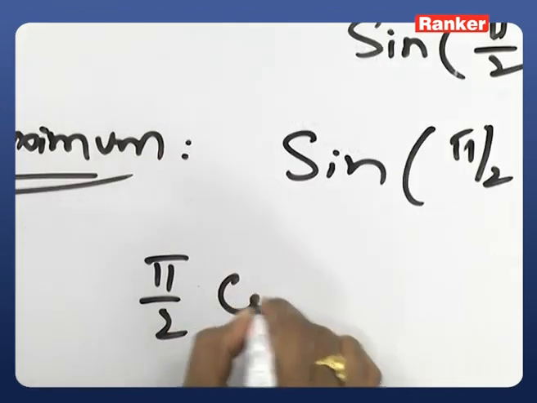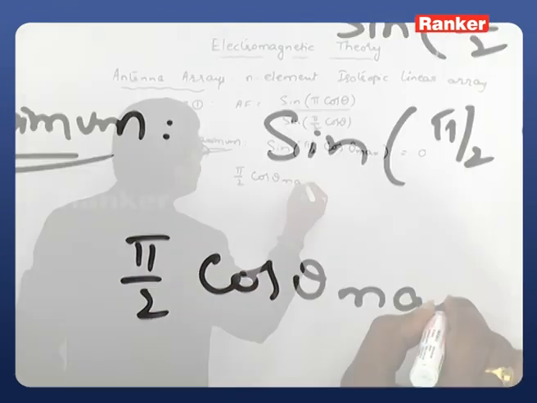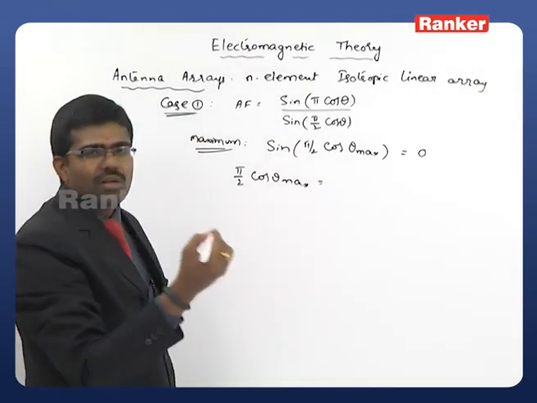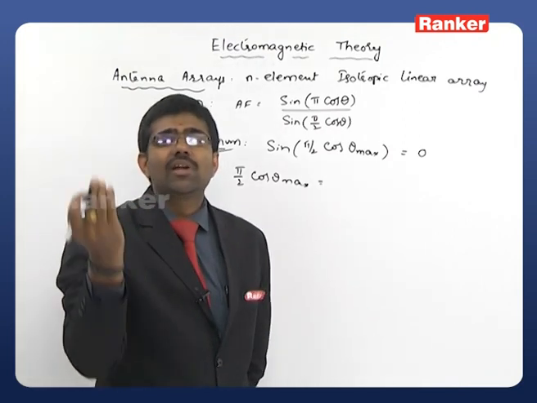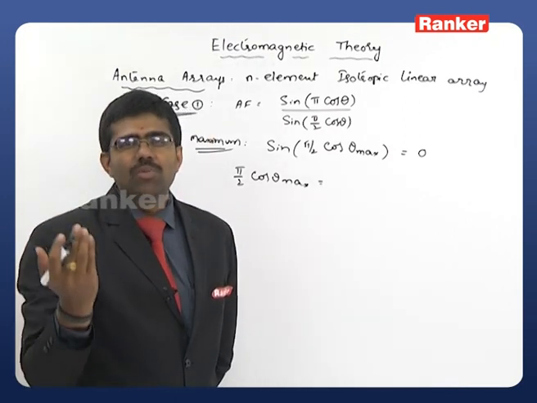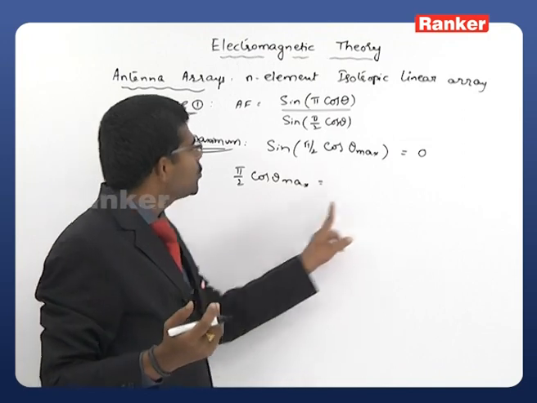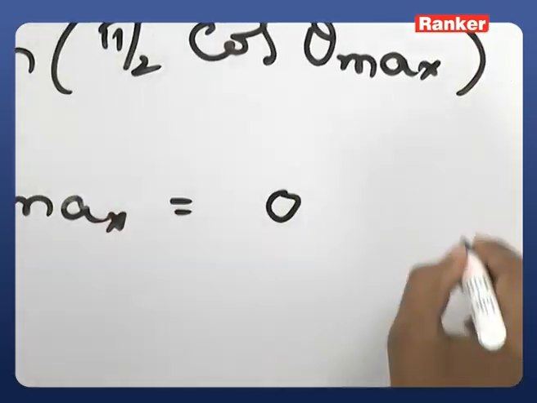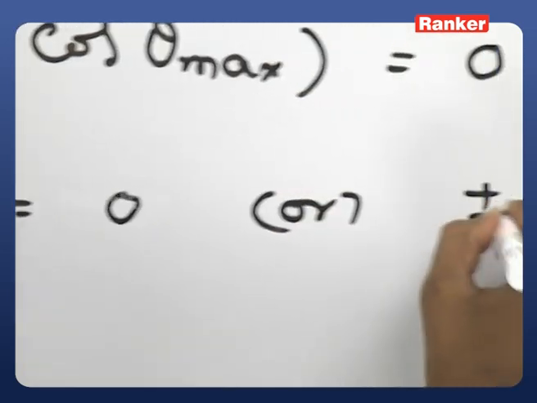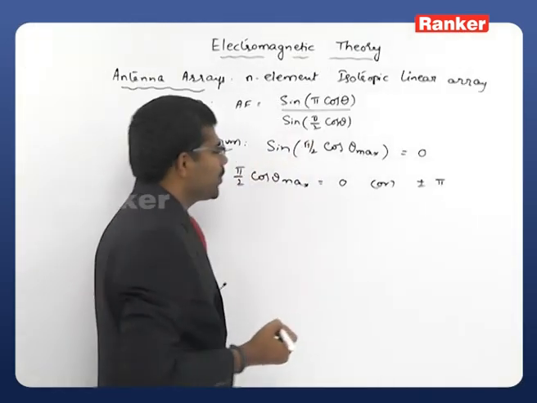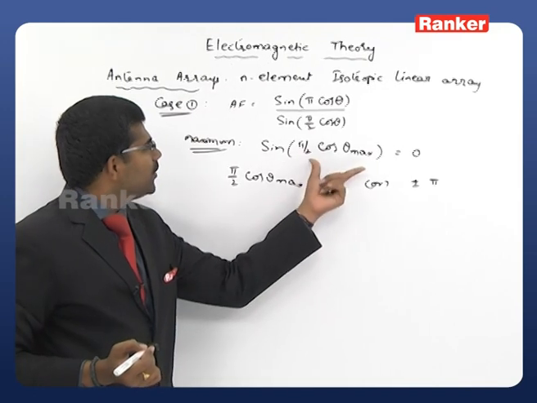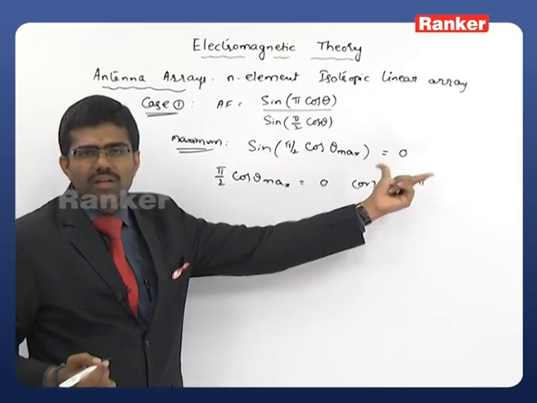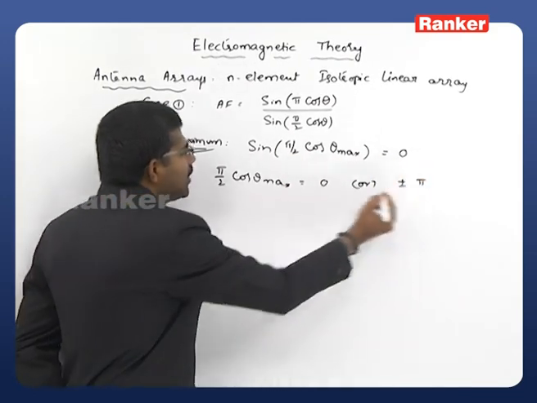Whenever we draw our radiation pattern, the angles are taken from 0 to 360 only. Between 0 and 360, you may get 0 for this sinusoidal function when the argument is 0 or plus or minus pi. If you substitute plus or minus pi, you definitely get 0. Now analyze all these values.